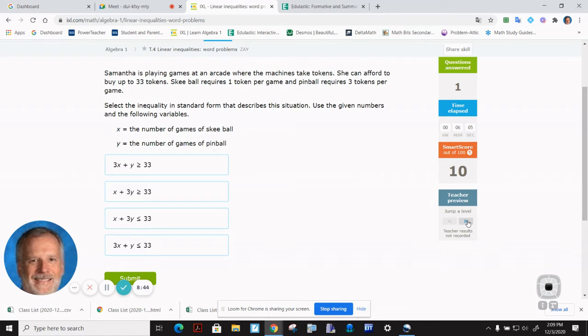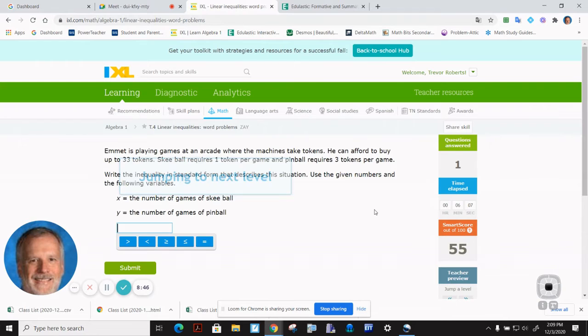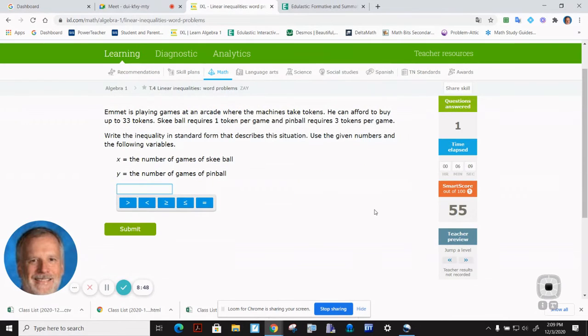Let's look at another word problem, a little different one, okay? This one says that Emmett is playing games at an arcade. The machines take tokens. They don't take quarters. And he can afford to buy up to 33 tokens.